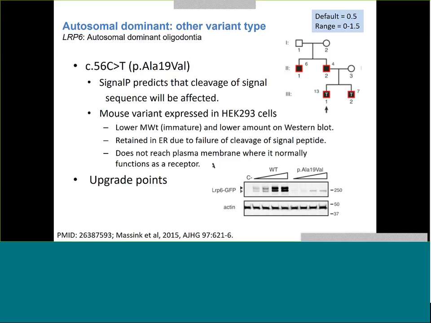I would feel more comfortable giving more points if they had reproduced what they see in this cell line in another cell line that was more relevant to the disease. I agree they have done a lot of experiments, but maybe they could have done more.